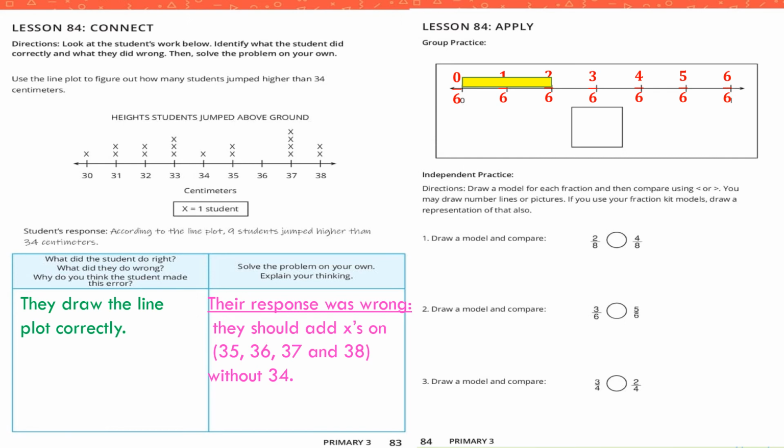The first way, is it crazy fractions or normal fractions? It's normal fractions. Why? Because the denominators are the same. So, which is bigger in normal, 4 or 2? Yes, 4. So, 4 over 8 is bigger than 2 over 8.